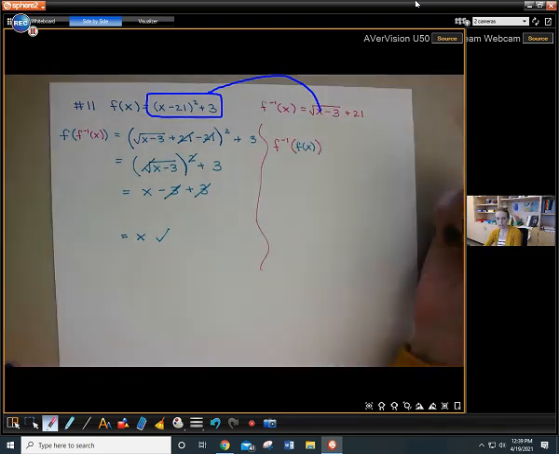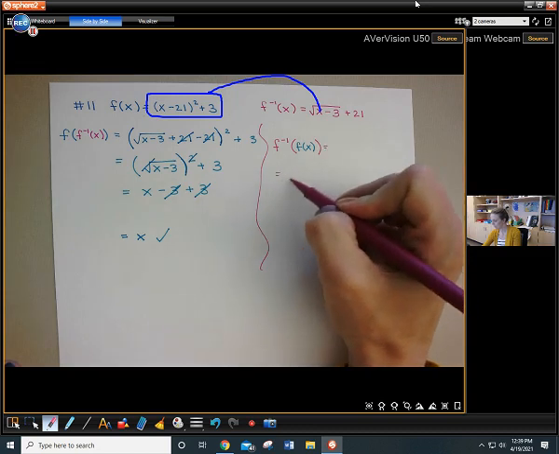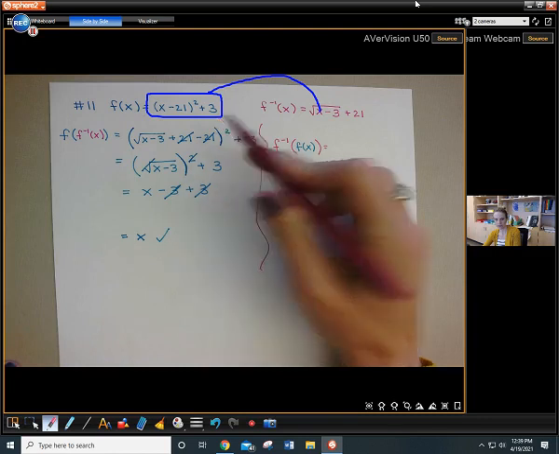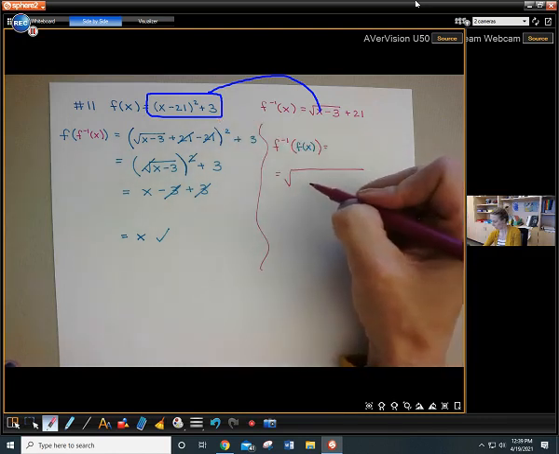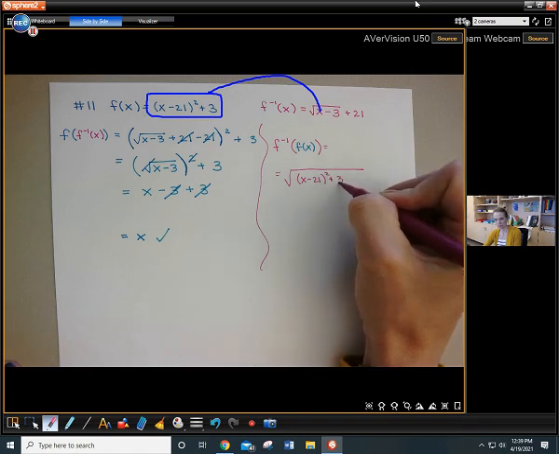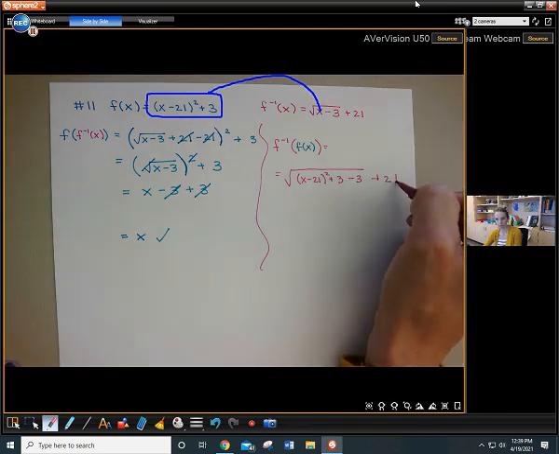So I'm still going to write down the square root, but instead of saying x, I'm going to write that binomial squared plus 3. That goes in that spot. Now I'm going to say minus 3, and then I've got that plus 21.